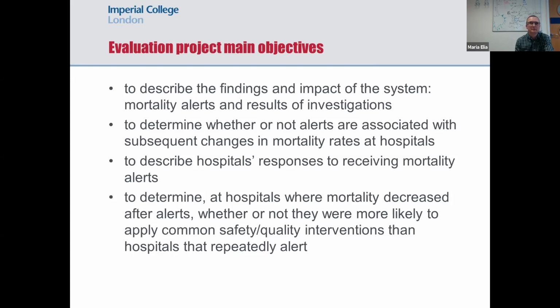We wanted to know, were they associated with subsequent changes in mortality? So after the alert letter was sent, did the mortality rate fall at those hospitals? That's what we'd like to see, of course. How did the hospitals react? And were they more likely to do other kinds of quality and safety things than other hospitals?